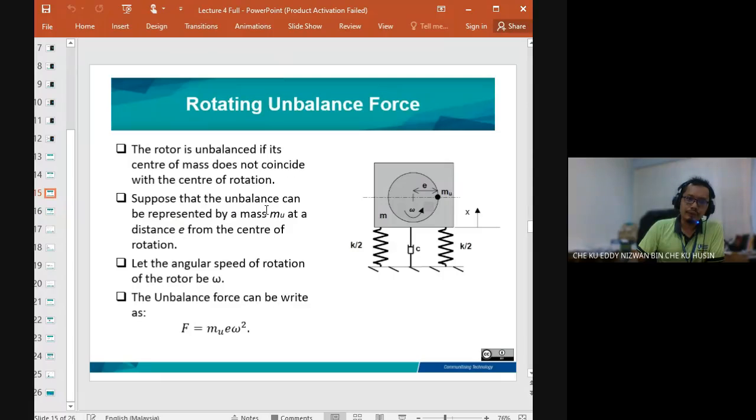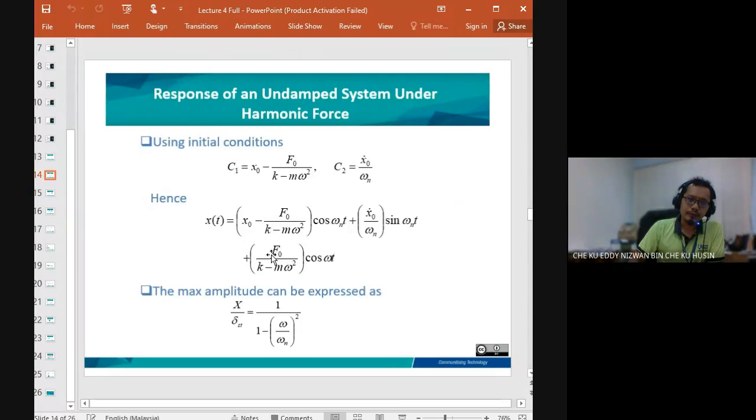So it is based on this equation, X equals F naught over K minus M omega squared. What information we need is F naught, the stiffness, the mass, and also omega.